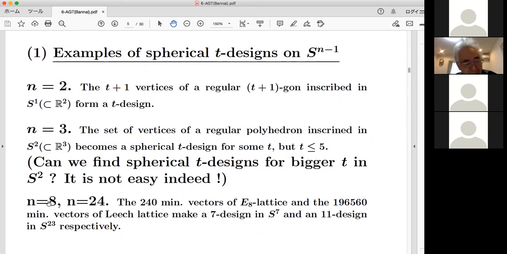If n equals 8 or n equals 24, the 240 minimum vectors of the E8 lattice form a 7-design. And also the 196560 minimum vectors of the Leech lattice make an 11-design in S^23. So there are many interesting examples.